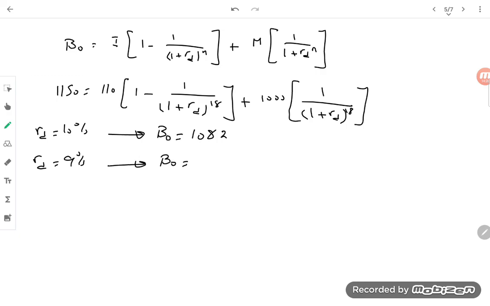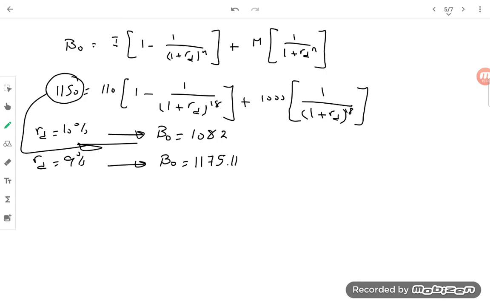So in this case, the price of this bond will be $1,175. So this is greater than the bond price. Bond price is 1,150. So it's somehow between 10 and 9. So we can say that the discount rate is between 9% and 10%.